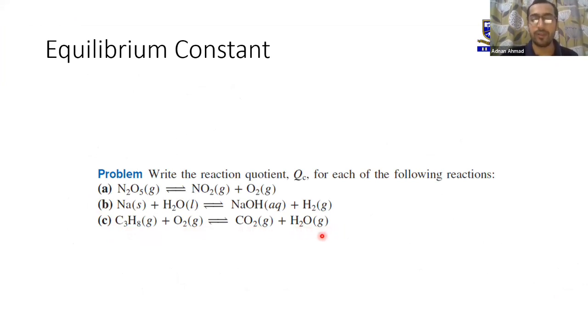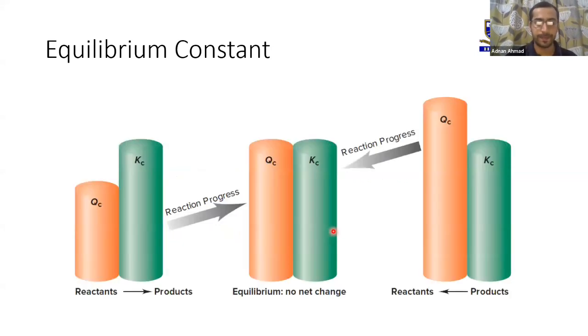But if you look here, water is not in a liquid state, so all these reactants and products will be part of your equilibrium quotient. This is how we write equilibrium constants.